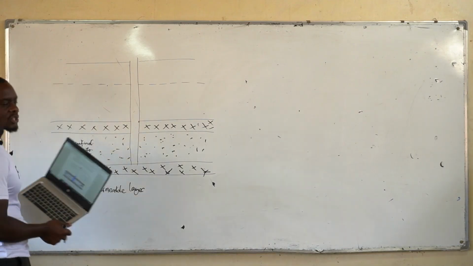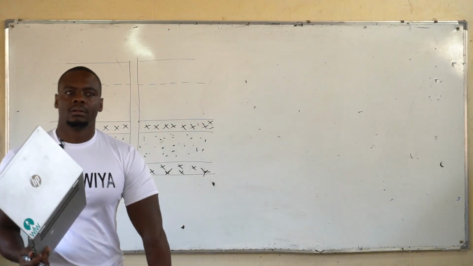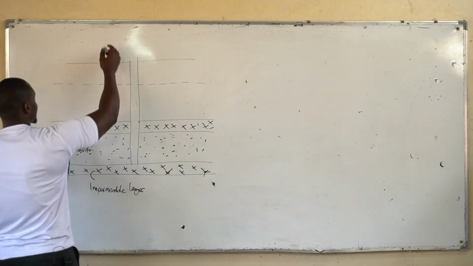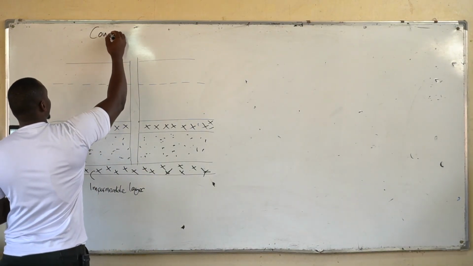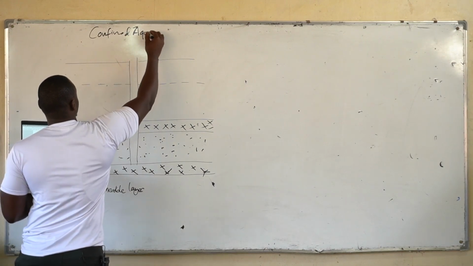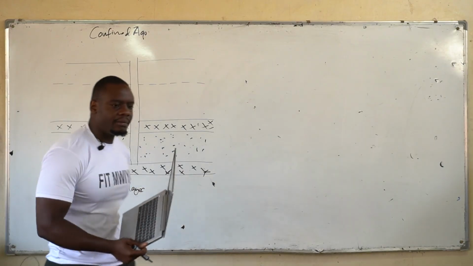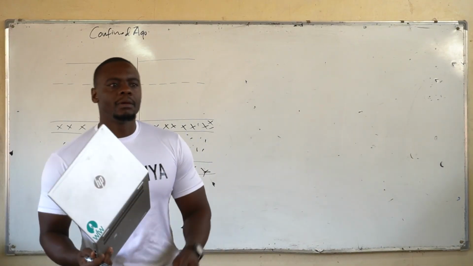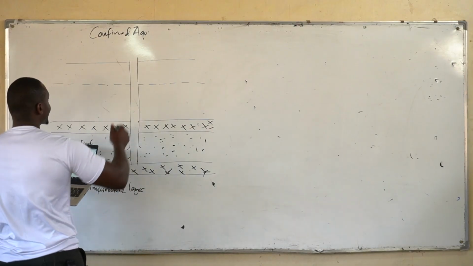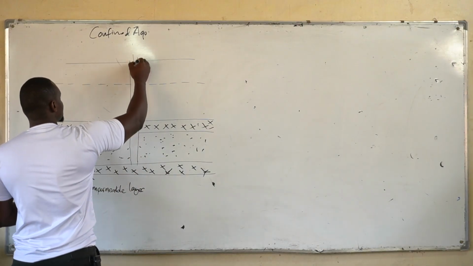So if we're being more specific, we're just talking about a confined aquifer here. And we're trying to find the parameters that were in the equation and how they sit here. So this is your borehole that you've drilled through.